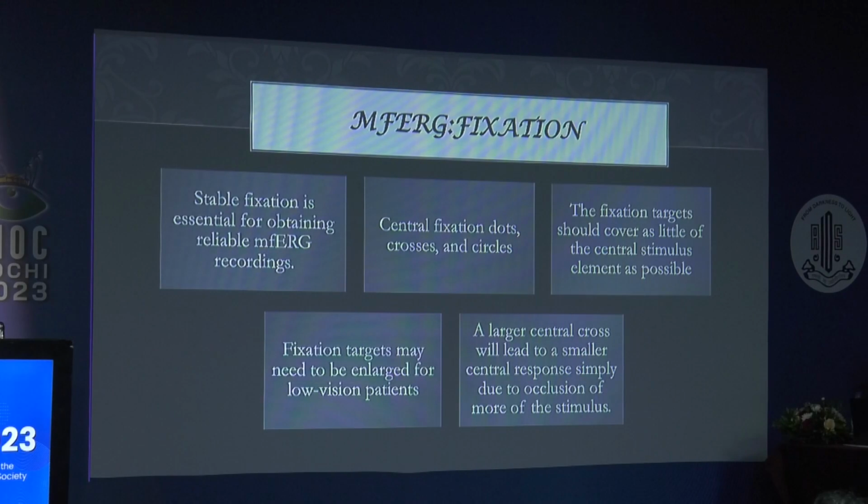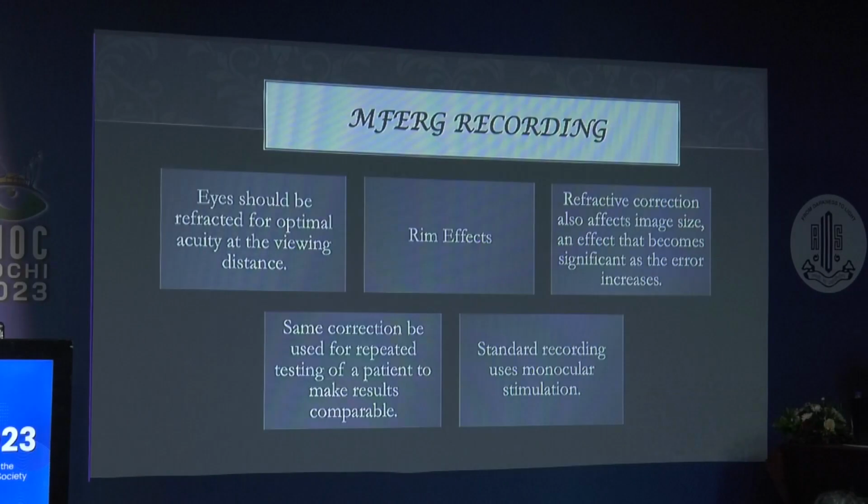If the patient is not fixating in the correct place, the whole stimulus goes out of context, because the stimulus hexagons are made in such a way that the large hexagons are there for the periphery and the smaller hexagons are there for the center. If the patient is not fixating, all this goes wrong. The mathematical extraction goes wrong. So fixation is of utmost importance in multifocal ERG.